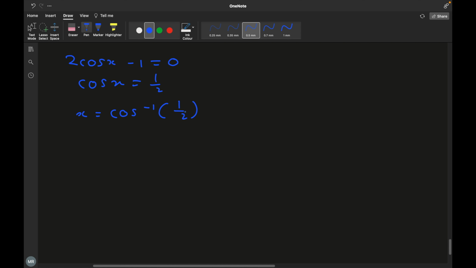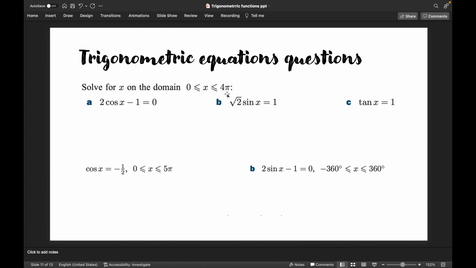If you plug this into your calculator, you get pi by 3 radians. And now the second value would be 2 pi minus pi by 3, which is 5 pi by 3. So this is in the domain 0 to 2 pi, but the question states 4 pi.